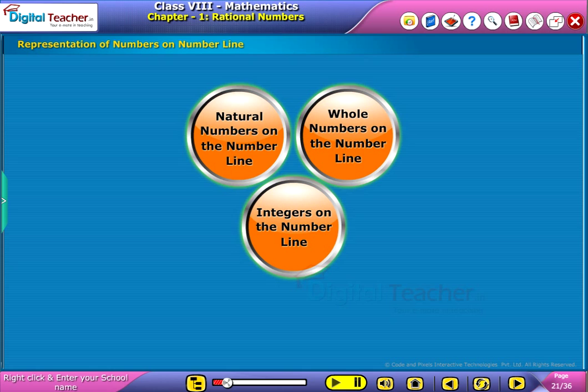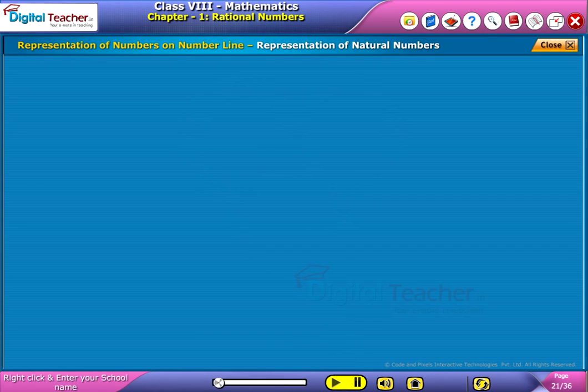Representation of numbers on number line. Let us recall the representation of natural numbers, whole numbers, and integers on the number line. Representation of natural numbers. The natural numbers are the numbers that we use to count, like 1, 2, 3 and so on.